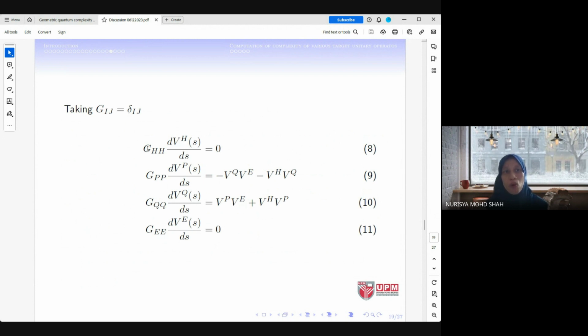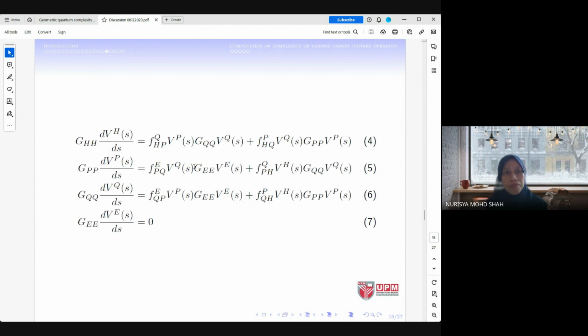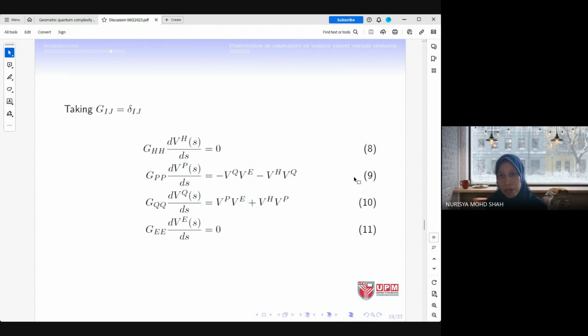Okay, so all these, the first scale factor here, scale multiplications of GHH, GPP, and all will give you 1. So you will have, if you substitute accordingly, then you will end up with equations 8 until 11. So this means that you have only 2 pair and another one just equals to 0. They call this decoupled. Okay.